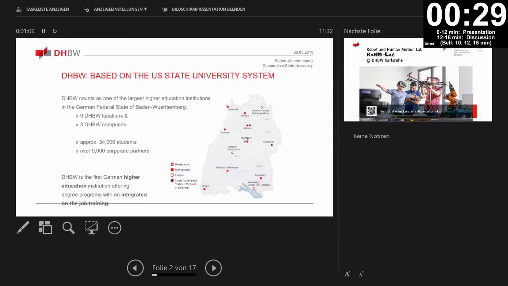Just a few words about our system, so it's easier to understand the background. The Cooperative State University system is based on the state university system in the US. So we have one base college in the local capital and several local universities and local campuses, and we are based in Karlsruhe, which is very close to the French border.